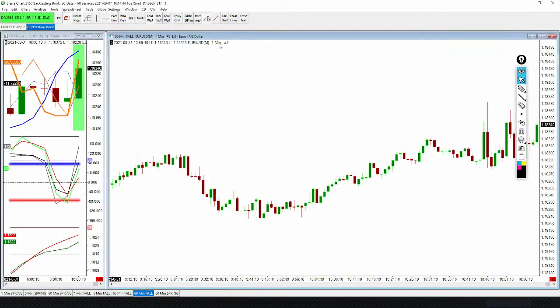But after backtesting it, I found that yes, in fact, there is a lot of validity in whether the thin orange is higher when it's buying or lower when it's selling. It's more accurate. It doesn't mean that it always loses when the thin orange is not in that particular place, but that it doesn't consistently win. And we're looking for consistency more than anything. I'll show you guys what that looks like in the backtest data.